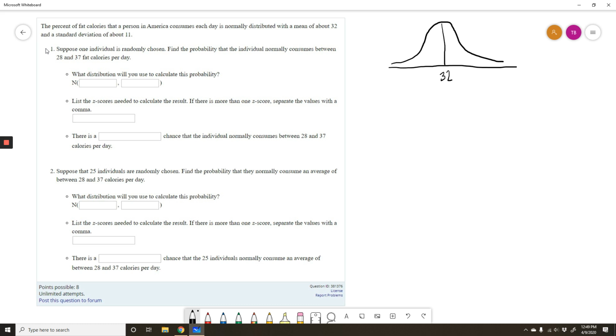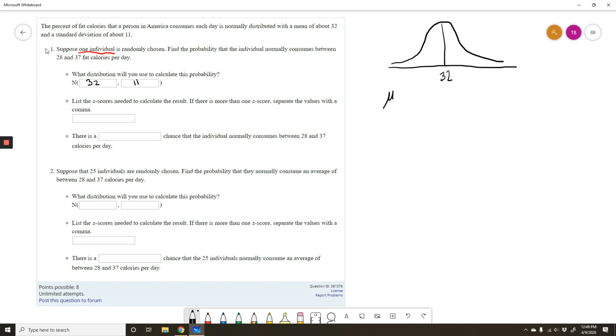So when we're looking at what distribution we will use, since we're only talking about one individual, we just use the data they give us. 32 is the mean, and 11 is the standard deviation.